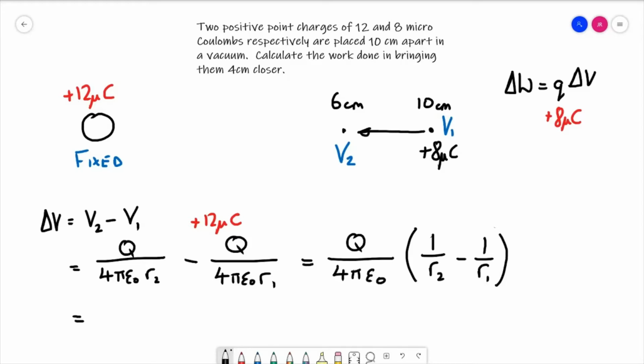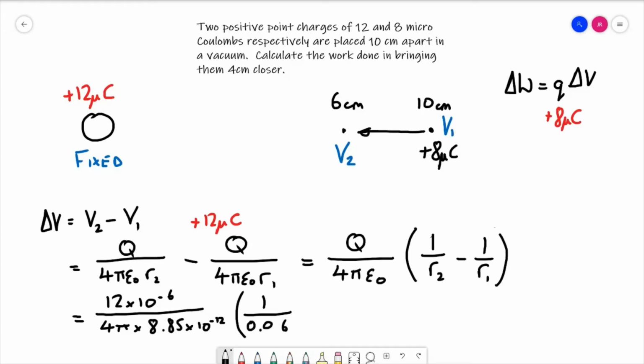So on the top we have 12 times 10 to the minus 6 divided by 4 pi epsilon naught, 4 pi, multiplied by 8.85 times 10 to the minus 12. And we're going to multiply that by 1 over, well, R2 is 6 centimetres, 0.06 metres, and we will subtract from that 1 over R1, so that's 10 centimetres, and therefore 0.1 metres.